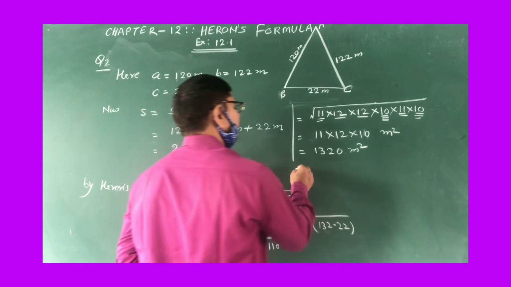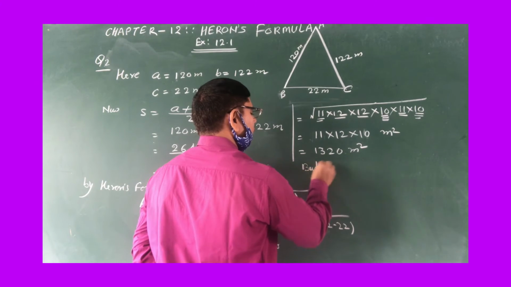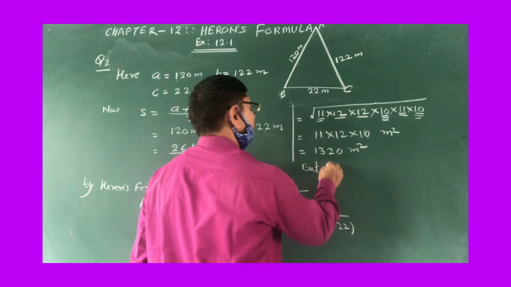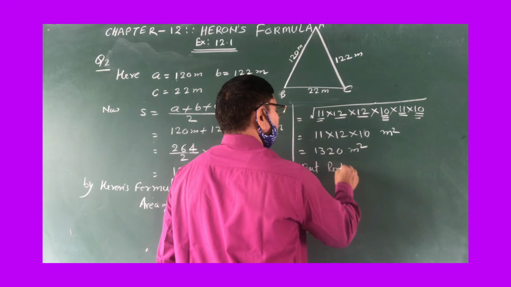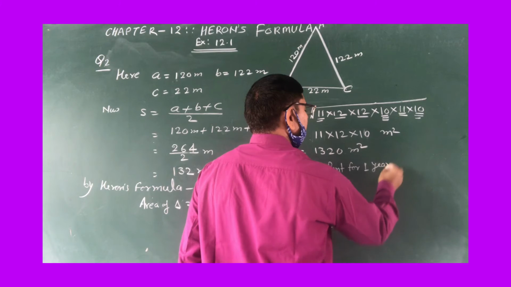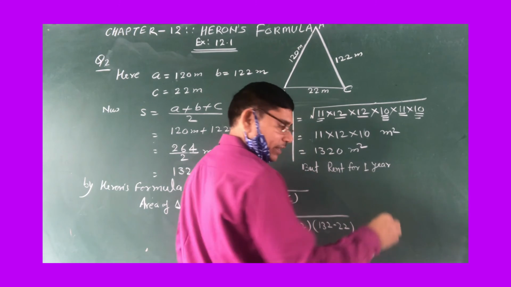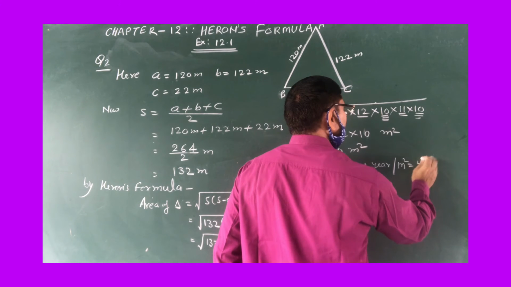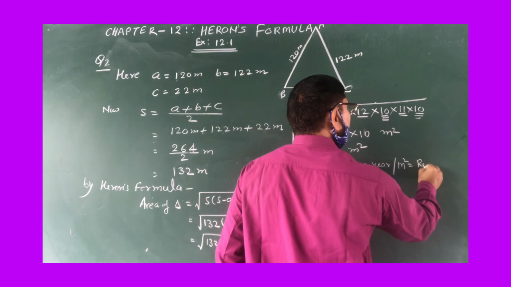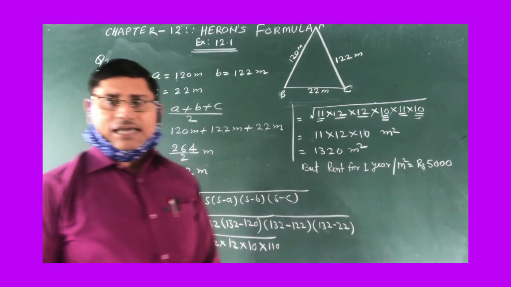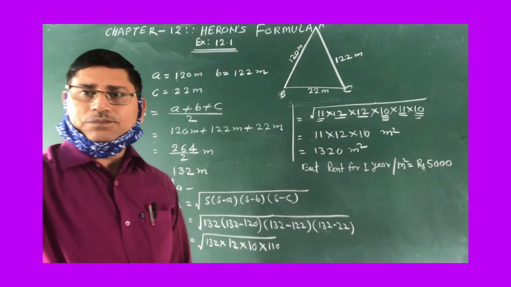But here, rent per year. Rent for 1 year is equal to 5,000 rupees per meter square. ये आपका 5,000 अमाउंट है.